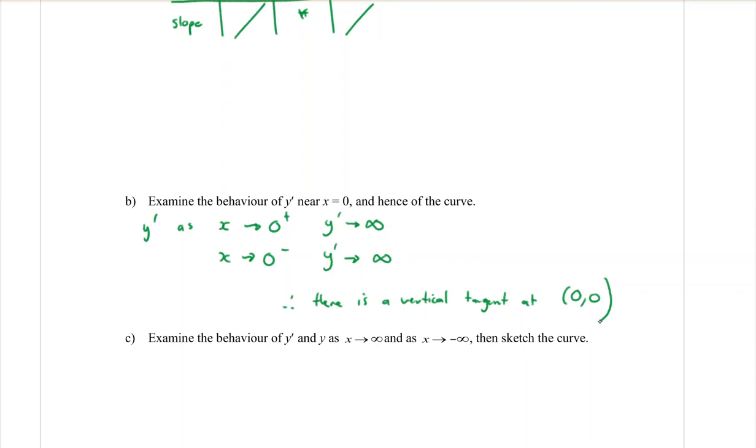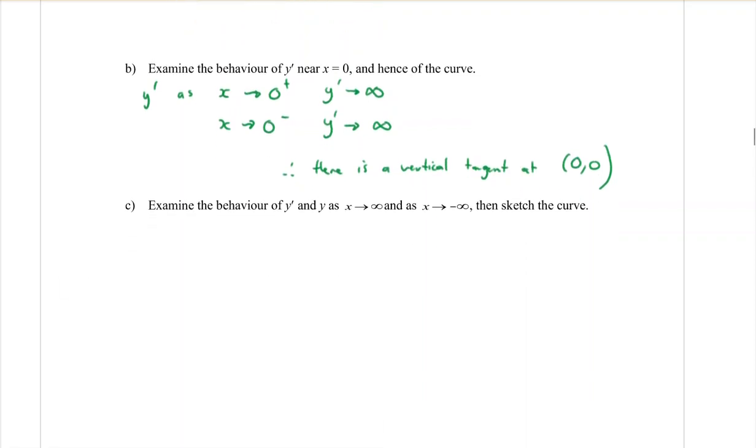Part C says to examine the behaviour of the derivative and y as x is approaching infinity, as x is approaching negative infinity, and then sketch the curve. So y dash, now we're trying to see horizontally kind of what's happening here. As x is approaching infinity and as x is approaching negative infinity.